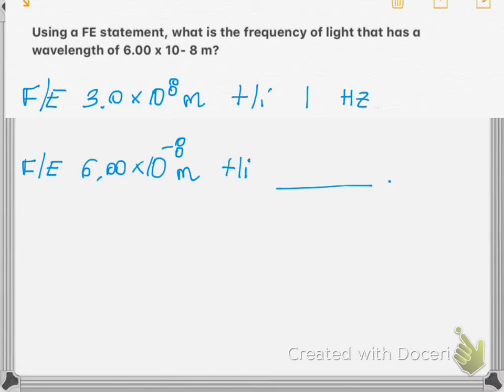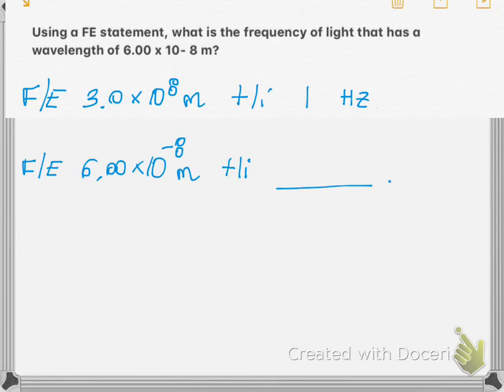In our case, the wavelength went down. It decreased from 3.0 times 10 to the 8th to 6.0 times 10 to the negative 8th. So we're trying to find by what factor that decreased. I'll just change the color really quickly.